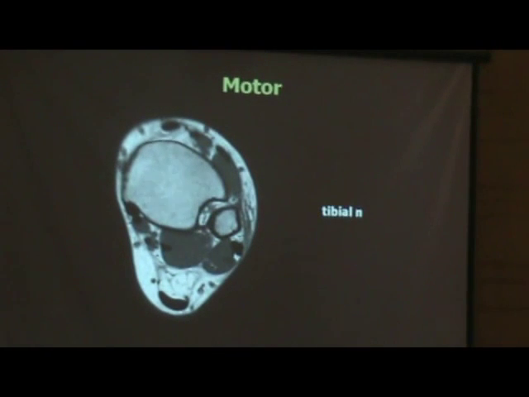And the motor innervation, again, I excuse myself about the colors, it's not displaying the red. So this is the first muscle innervated by the tibial nerve itself, which is the flexor hallucis longus muscle and tendon, as well as the flexor digitorum longus muscle and tendon, and the posterior tibialis muscle and tendon.